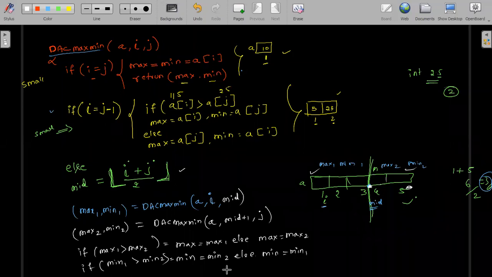That's it. Now, what exactly is this? If minimum 1 is greater than minimum 2, which is the minimum now? Then minimum 2 is the minimum. Otherwise, minimum 1 is the minimum. That is what we did. Finally, what do I do? Return the maximum as well as the minimum.